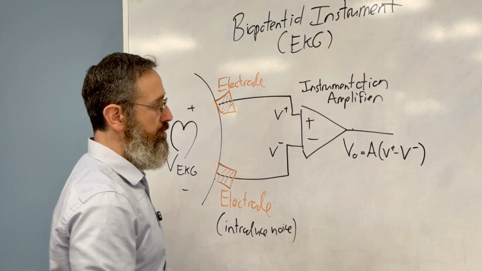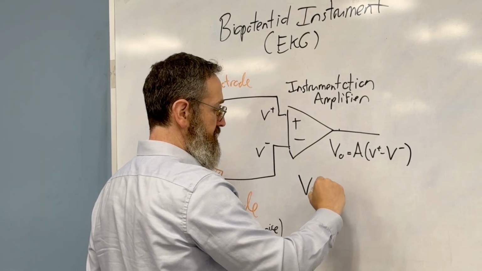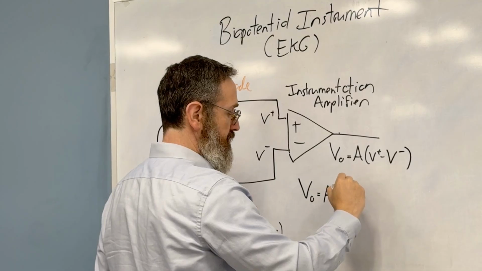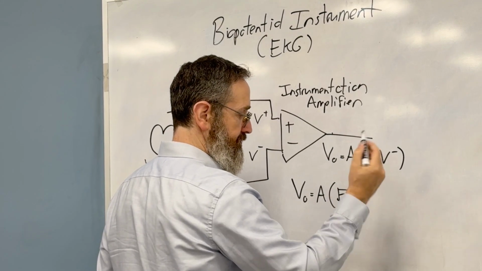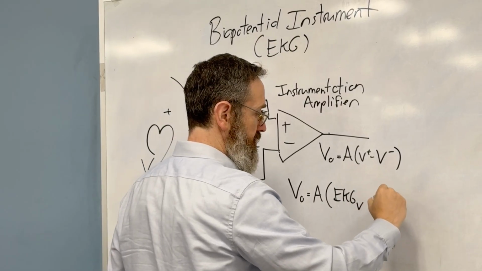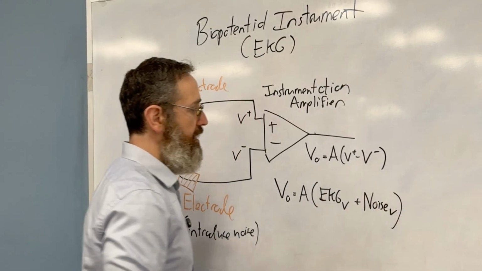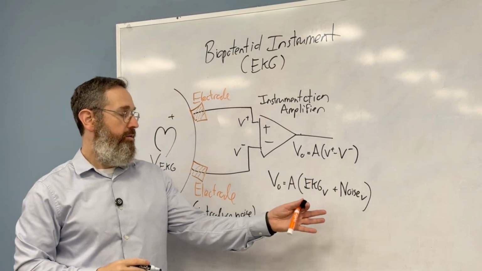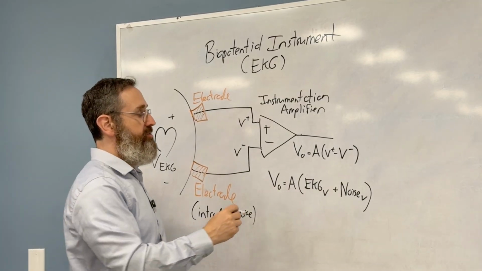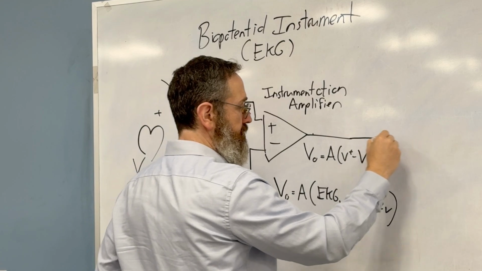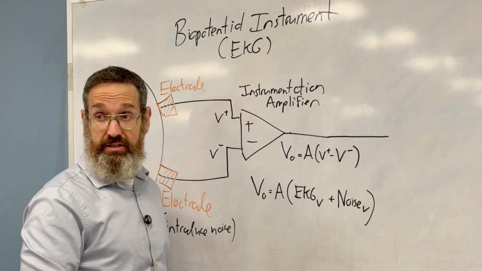So what we really have is V out equal to A times an EKG voltage plus a noise voltage. Hopefully you can then use a filter to separate these two things out.